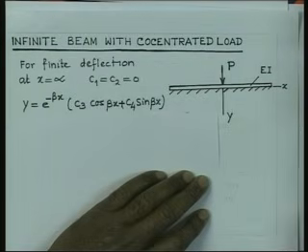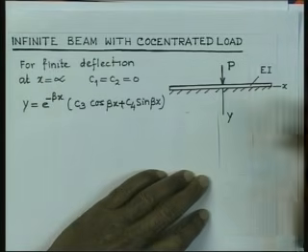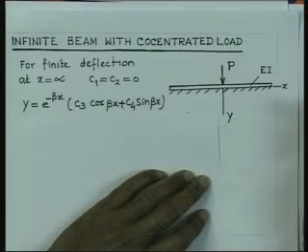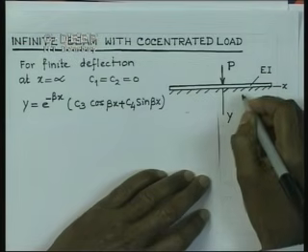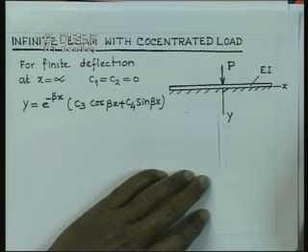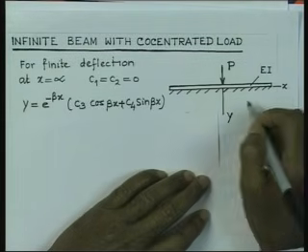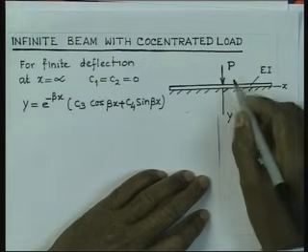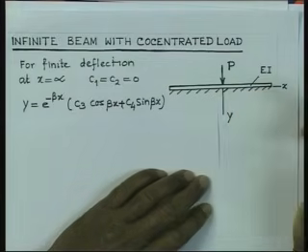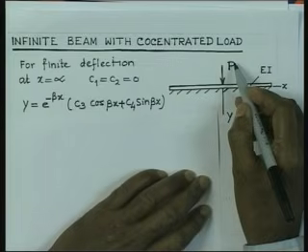Obviously, one condition is that this beam is going to deflect symmetrically, and therefore we expect the slope at origin should be 0, and at the same time, the reaction that is coming up at the bottom of the beam is going to be k into y at different locations, and therefore if we now consider the sum of the forces from x equal to 0 to x equal to infinity, we must have the load double of that. Obviously, it is a symmetric problem, therefore double of that must be equal to the external loading.